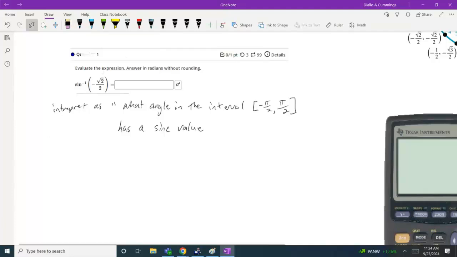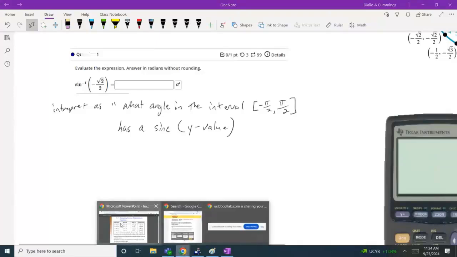Notice that even though this is an arc sine, this is no less still a sine value. So it's what angle in the interval from negative pi over 2 to pi over 2 has a sine value. When we talk about x, y, and r, sine represents the y value.